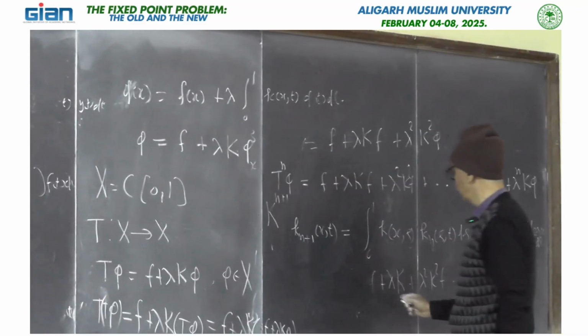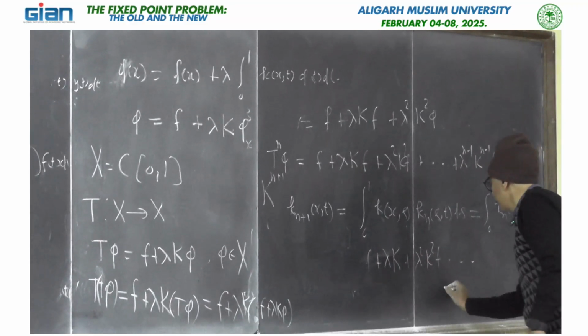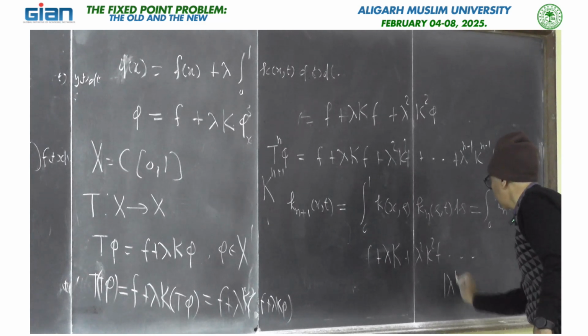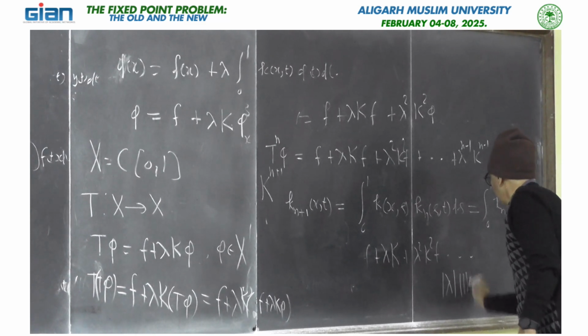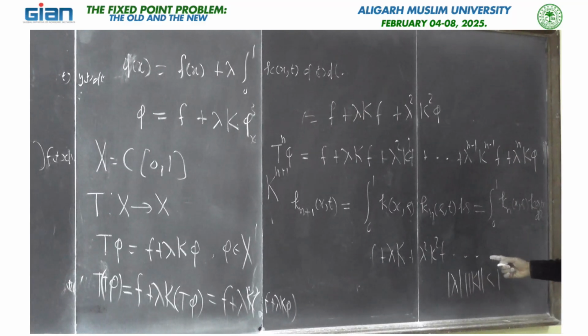If you ensure that mod lambda times norm K is less than 1, then this series will converge, and it is the expansion of (identity minus lambda K) inverse of f. So this will exist provided this condition is satisfied.